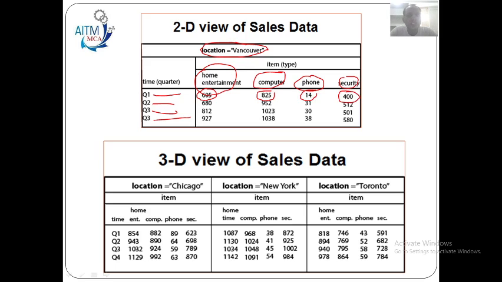These are the first quarter values for the respective items. Similarly for all, 680, 952, 31, 512, like this. Got it? So this is only one location's information.